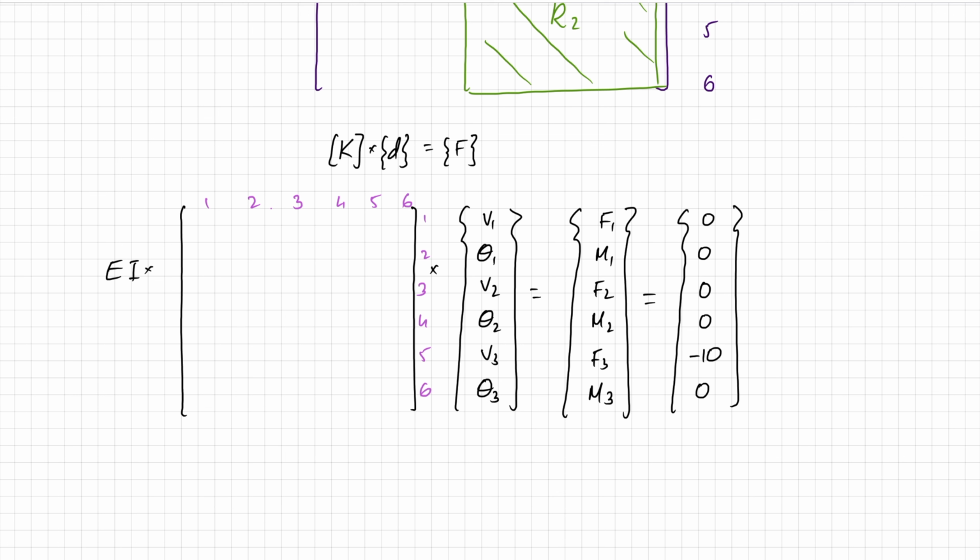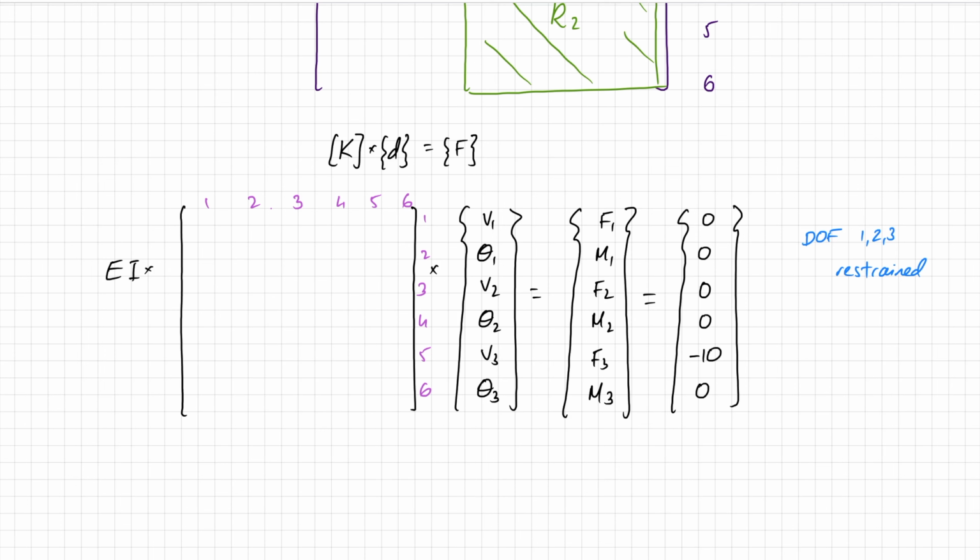Now I don't need to solve this full system because I know that degrees of freedom 1, 2, and 3 are restrained, right? So at those restrained degrees of freedom, there will be no displacements or rotations developing. So I can get rid of everything that has to do with degrees of freedom 1, 2, 3 to get my reduced system.